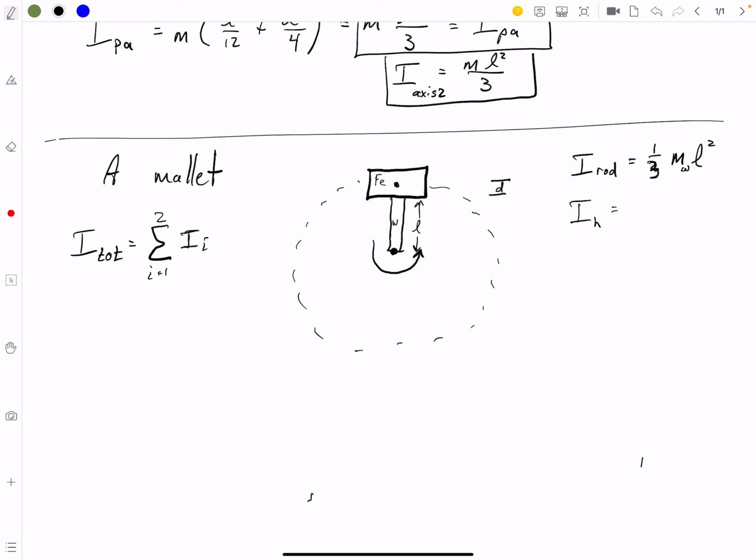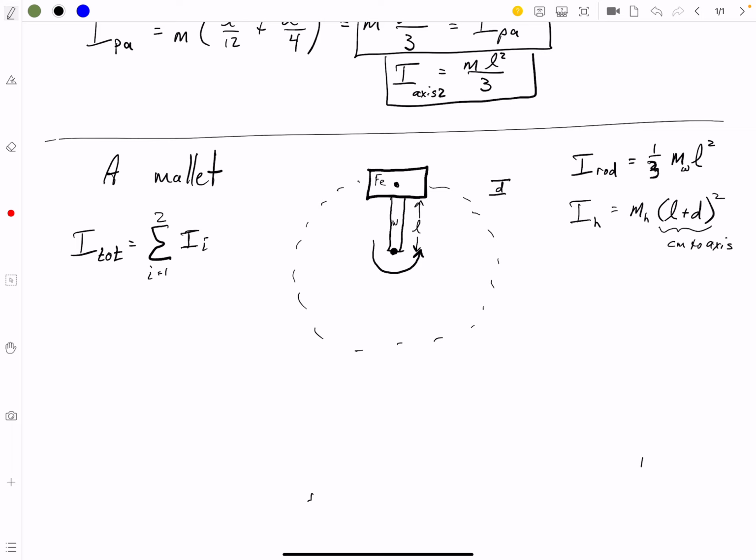We're just dealing with this object going around in a circle. So that means the mass of the head of the mallet times the length plus this little distance d to the center of mass. Okay, so it's the length of the wooden stick plus the little distance d to get to the center of mass from the axis. So this is distance to the center of mass from the axis. All right, so, oh, and we got to square it.